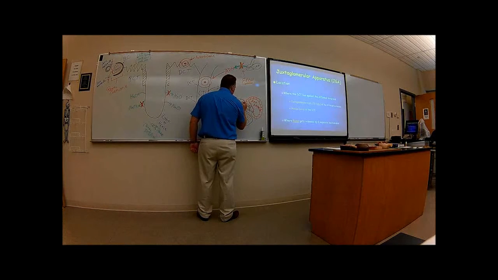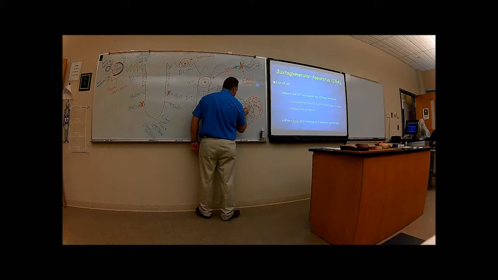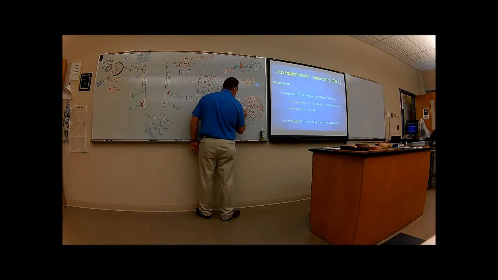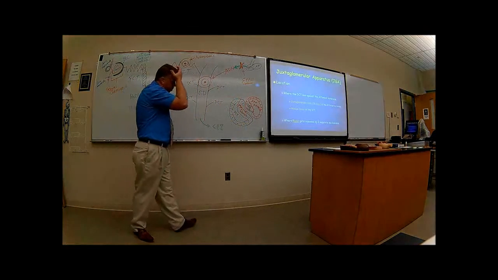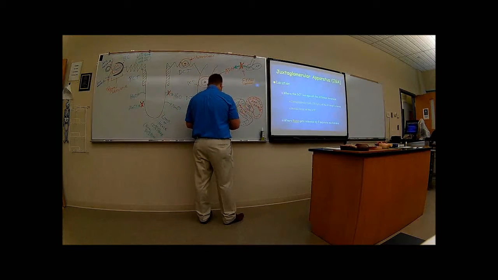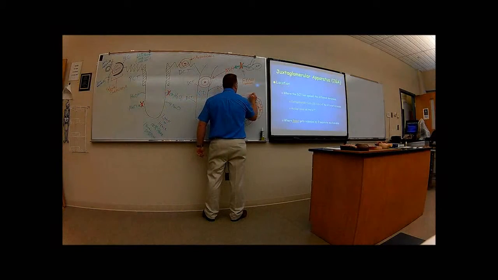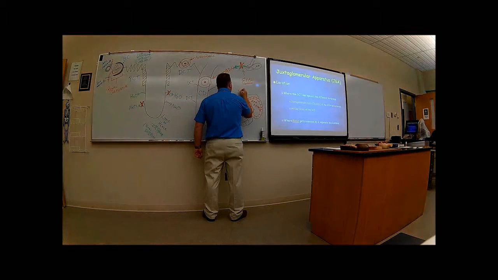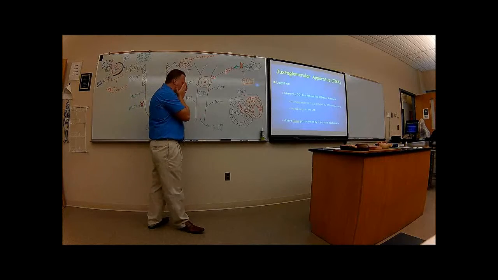And these cells are referred to as the macula densa. This whole thing is called the juxtaglomerular apparatus.